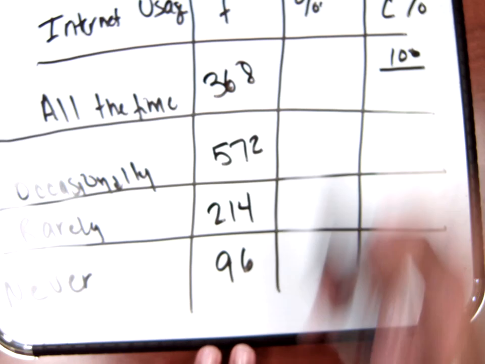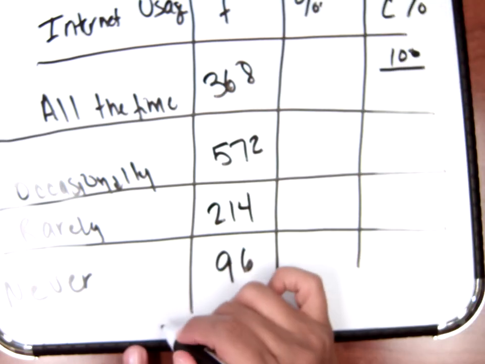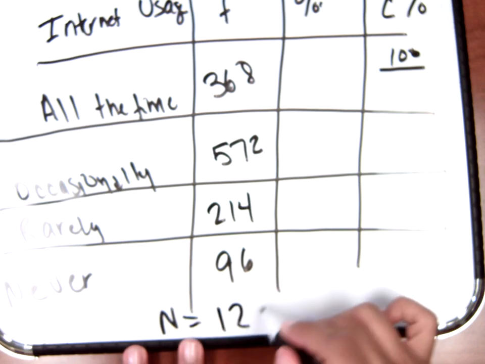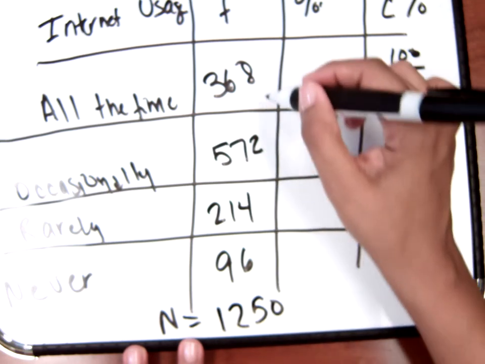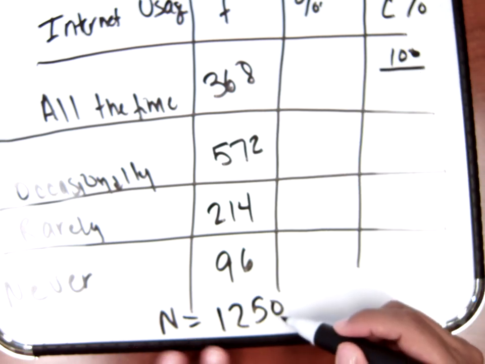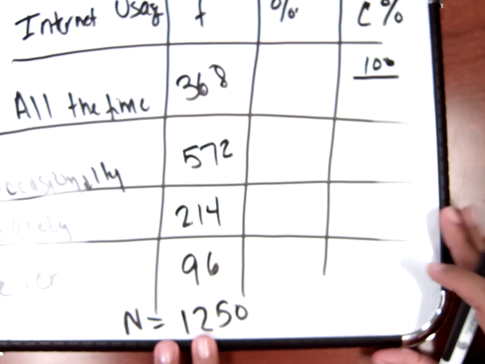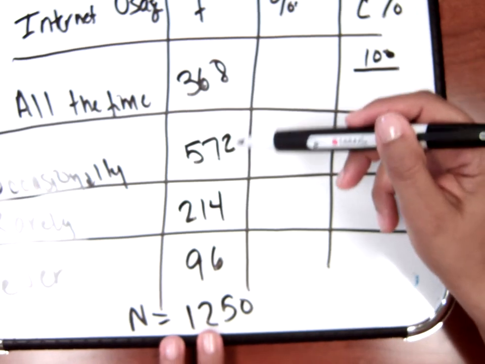Very first thing you want to do is you want to sum up your columns so that you know what your N is. N is going to be equal to 1250. 96 plus 214 plus 572 plus 368 equals 1250. Now your percent column is just simply figuring out, like in a pie chart, what percent are all the time, occasionally, rarely, and never.